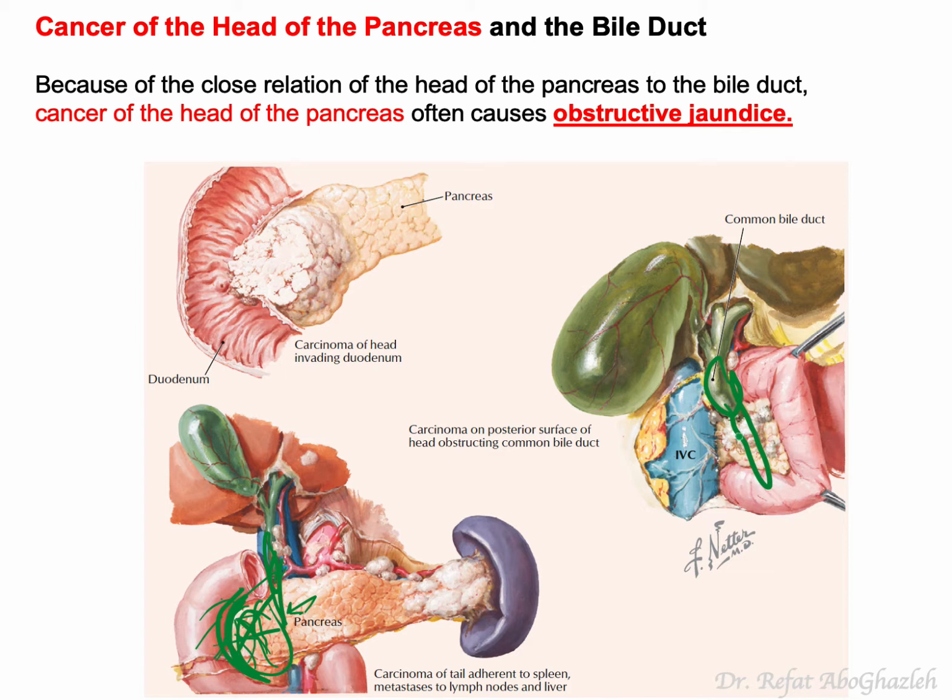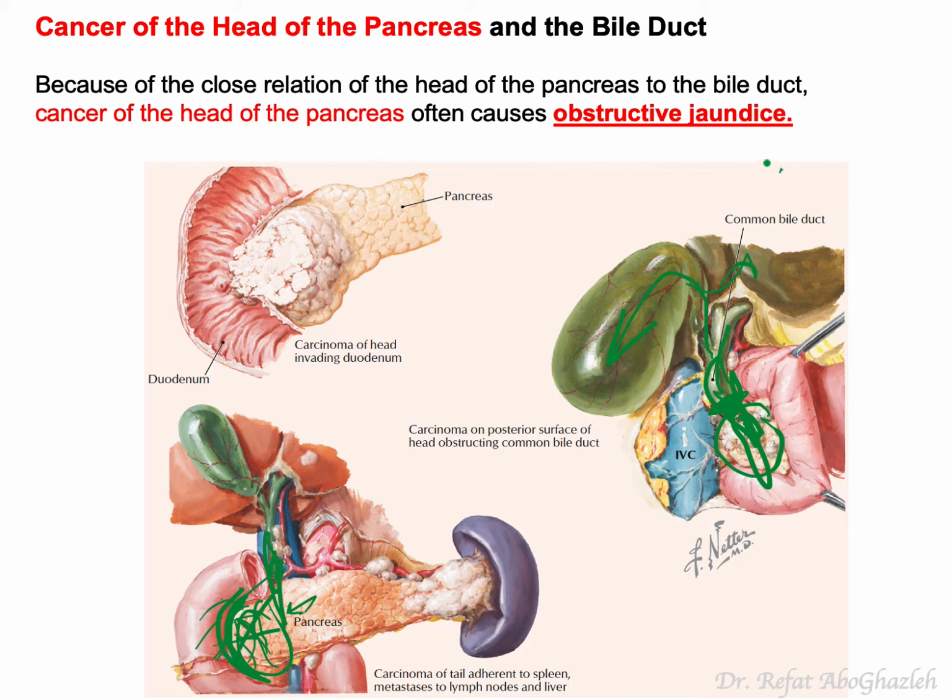And look at it here. When there is a tumor in the head of the pancreas, it compresses the bile duct that passes in the groove behind the head of the pancreas, then penetrates its substance. For this reason, a blockage of the bile duct will lead to what is known as obstructive jaundice, because the bile will stay in the gallbladder and the secretion in the liver will be affected.